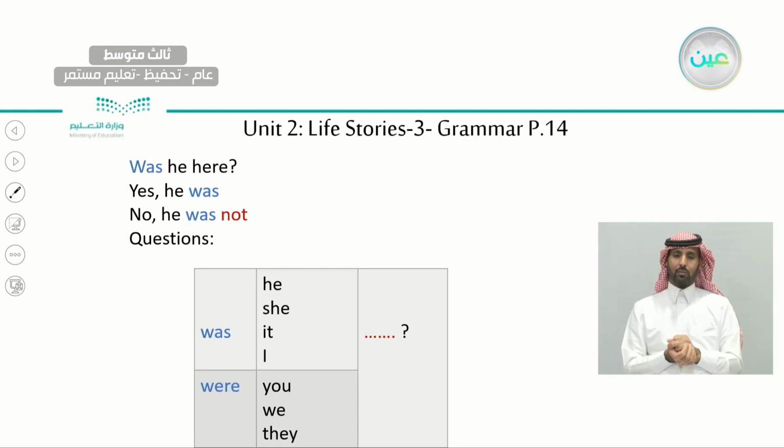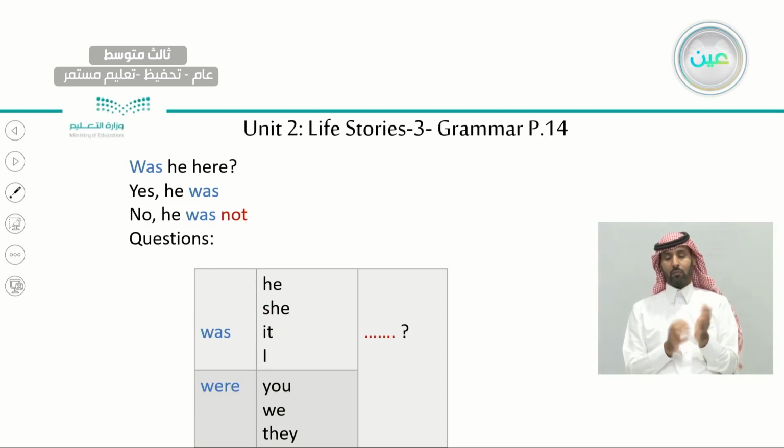Okay. Another type is a yes-no question with the verb to be. Like here. Verb to be was. Was he here? Yes, he was. No, he was not. So we start with the verb to be, then the subject, and then we complete the sentence.